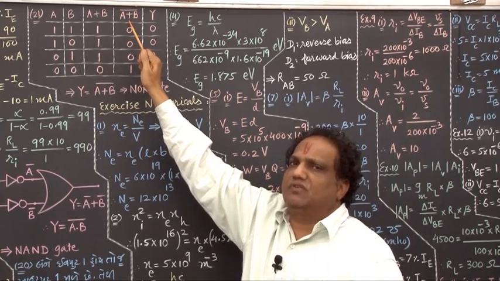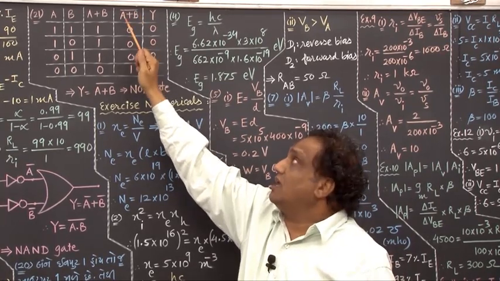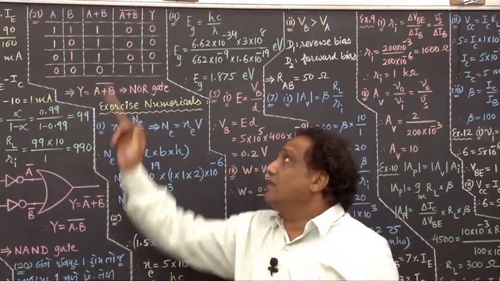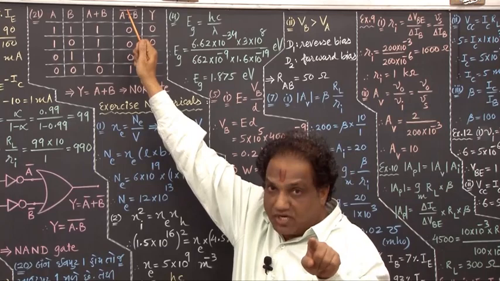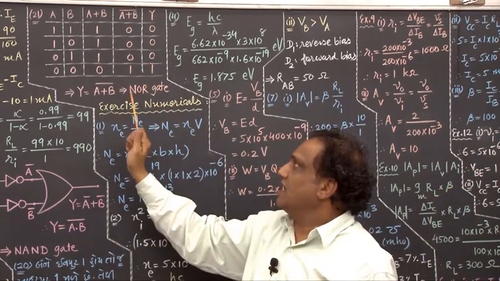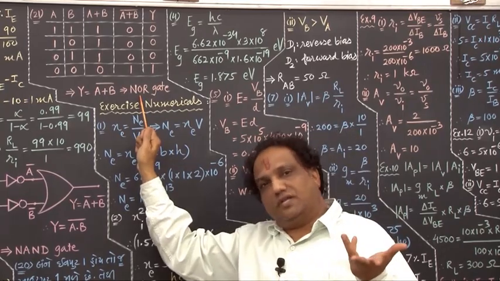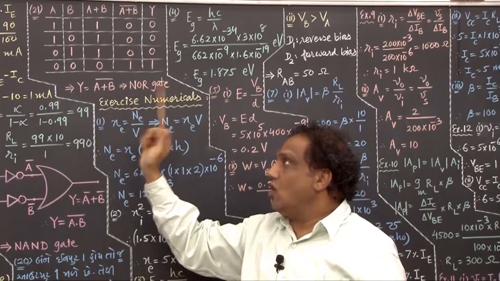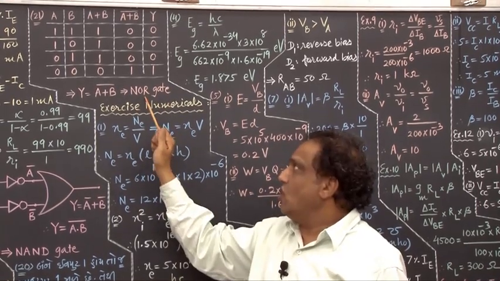And what is this Boolean equation? Y equals to not (A or B). Had it been only A or B, it is OR gate. But because it is accompanied by NOT operation, OR plus NOT, that is NOR gate. So I am writing the final answer, NOR gate.